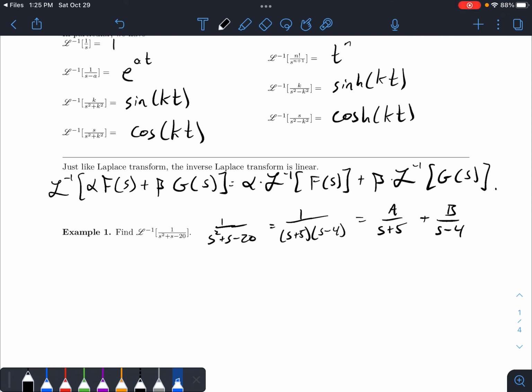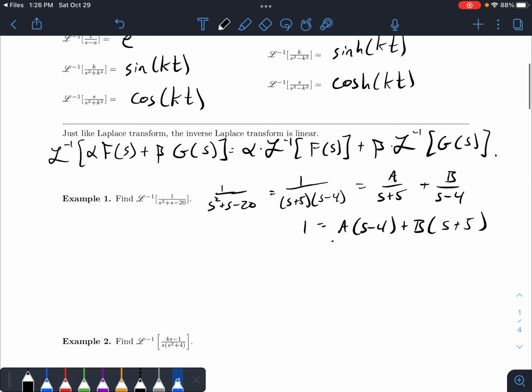Multiply through by s plus 5 times s minus 4, and you'll get 1 is equal to A times s minus 4 plus B times s plus 5. These are just typical partial fractions tricks. You could plug in s equals 4 and get that 1 is equal to A times 0 plus B times 4 plus 5, which is 9.